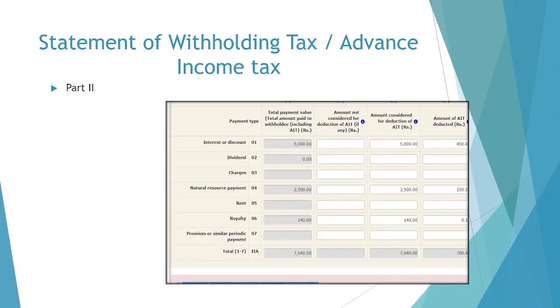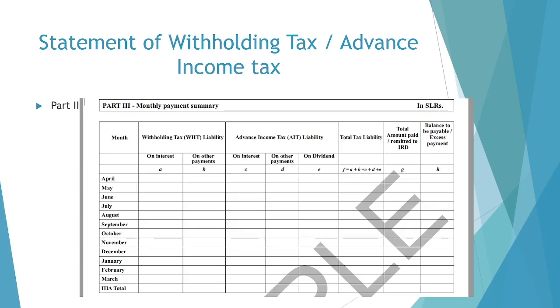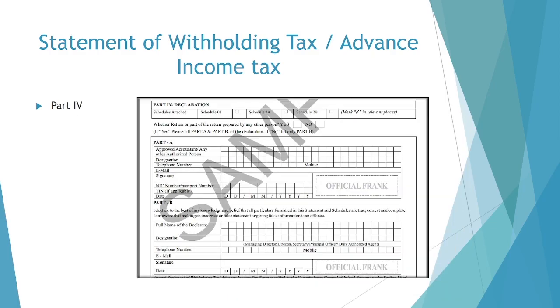After that, the relevant schedule should be filled as I mentioned earlier. And one thing I should mention here: when you upload schedules 2A and 2B, sometimes you need to upload to 2A only, and no need to upload to 2B.